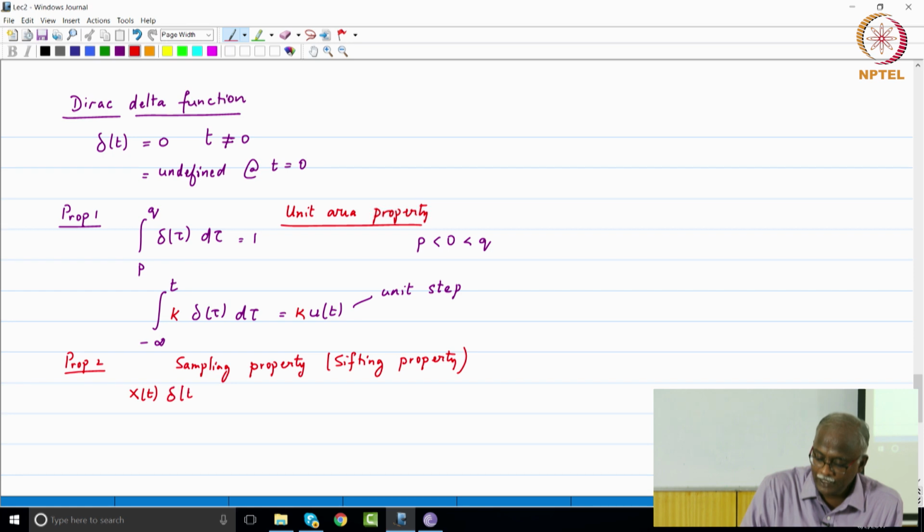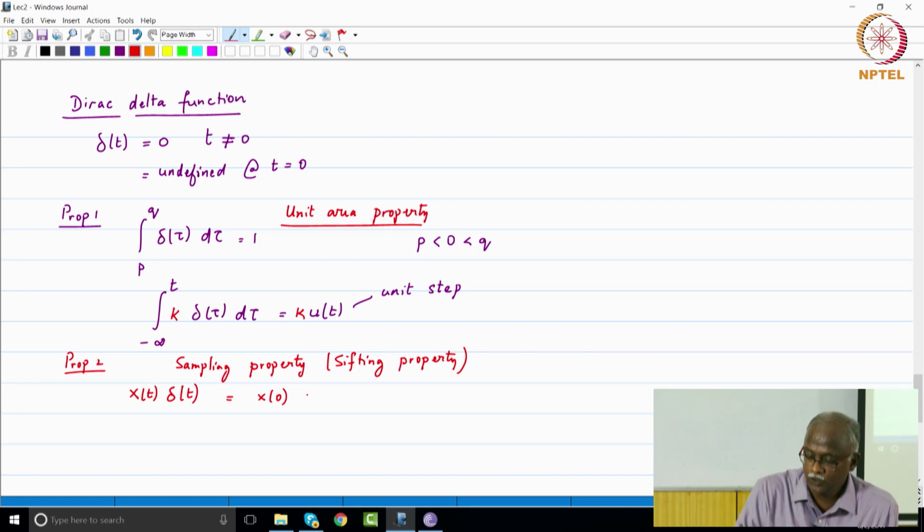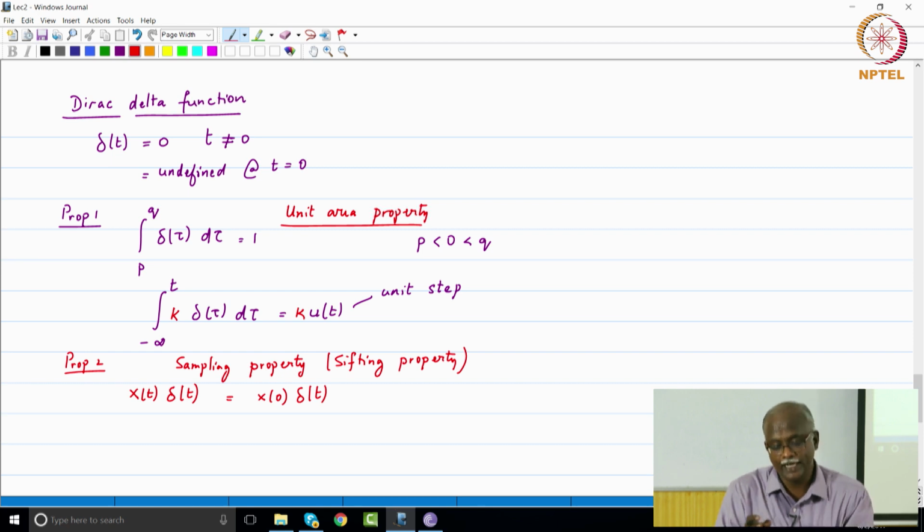multiplied by delta of t basically kills x of t, which is some continuous time function, everywhere except at x of 0. So, this is equal to x of 0 times delta of t. Okay. So, it actually retains the Dirac delta property, but it is scaled by the function at x of 0.